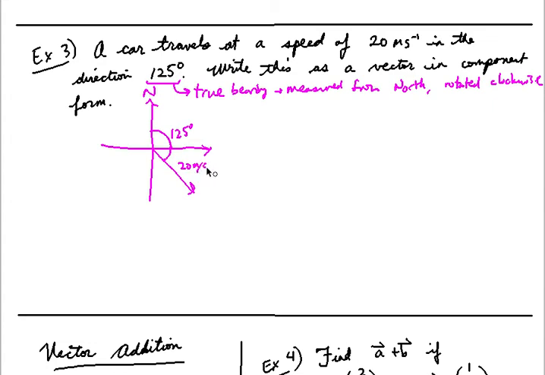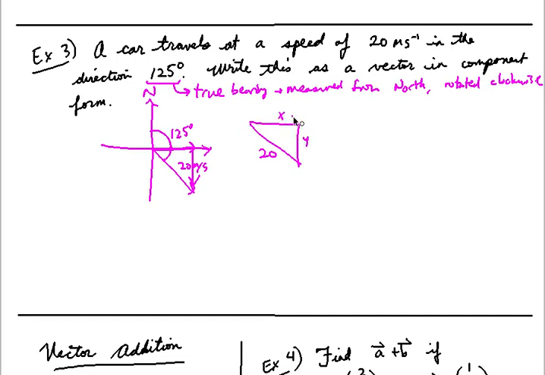The length of this would be 20 meters per second, or 20 meters times second inverse. Okay, the reciprocal. And now they're saying, what is this vector in component form? So I need to find the components. I need to find the x component. I need to find the y component. Really, I'm just going to be looking for a triangle. I'm looking for this triangle right here.